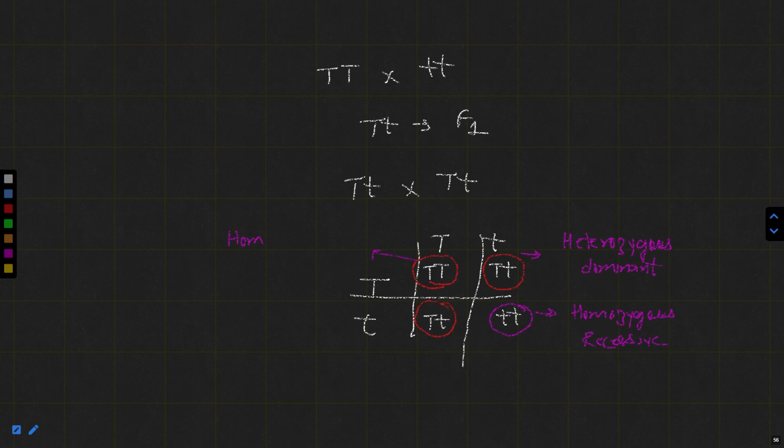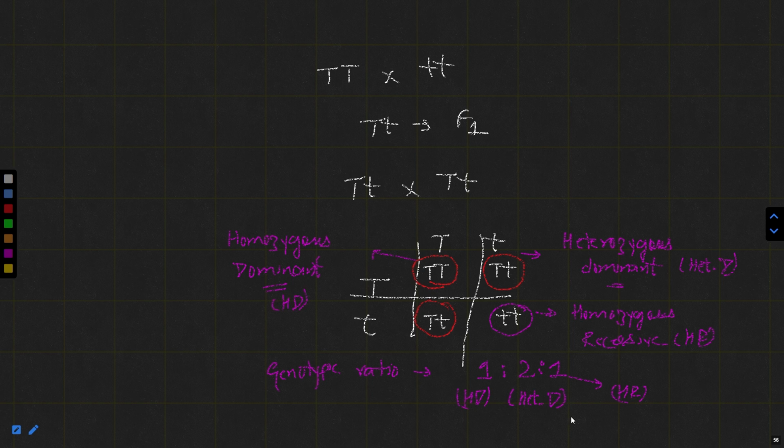Clear? So what is the genotypic ratio here? The genotypic ratio will be 1:2:1. 1 is homozygous dominant, so this is HD. Then we have 2 of the heterozygous dominant, so I'm writing heterozygous dominant, and the third one will be homozygous recessive, HR.